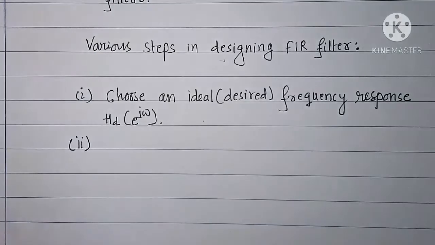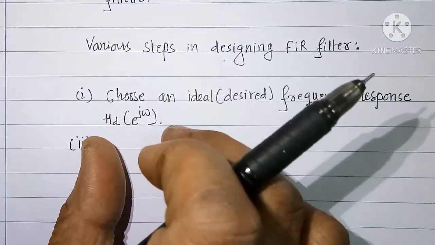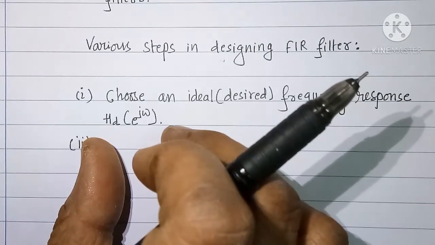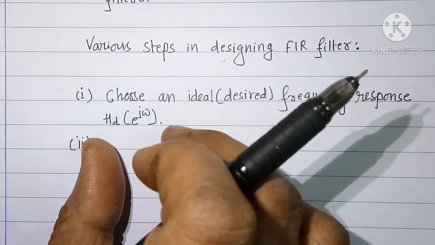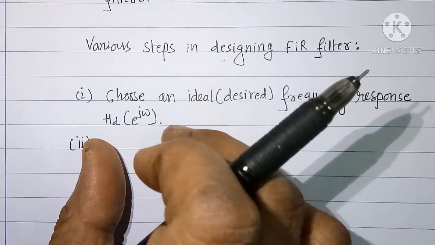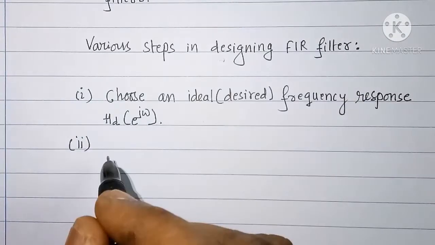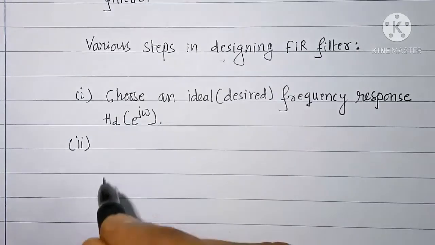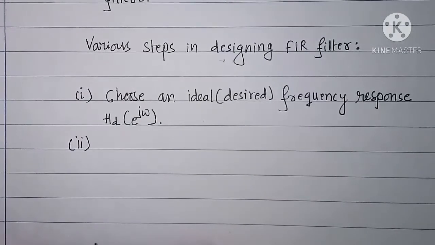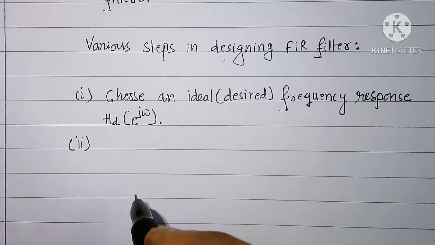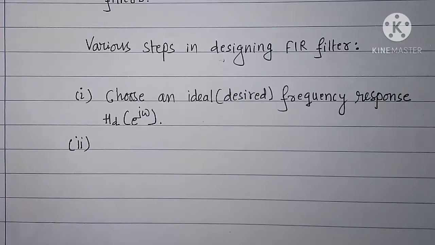In second step, we have to take inverse Fourier transform of HD of e raised to j omega to find out HD of n, or capital H of k, that is discrete Fourier transform of finite impulse response h of n.